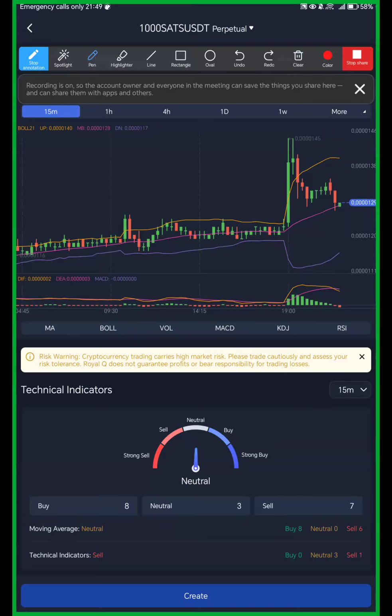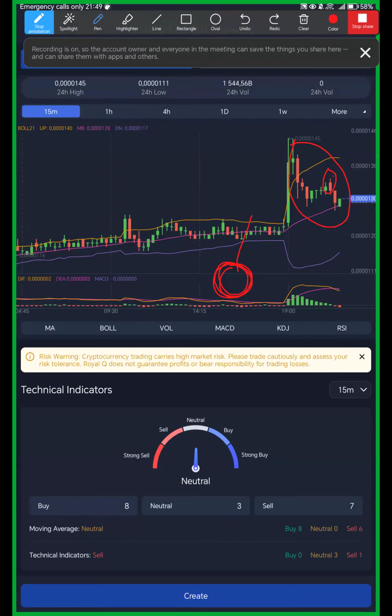So the robot will buy in the 15 minutes time frame. When I say 15 minutes, I'm not saying that when you set the robot now, after 15 minutes the robot will buy. No, I'm simply saying in the analysis of this robot, looking at what is happening in the market in terms of the candles, there are 15 minutes candles, 1 hour candles, 4 hours candles.